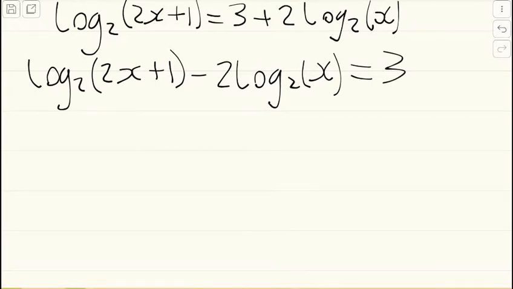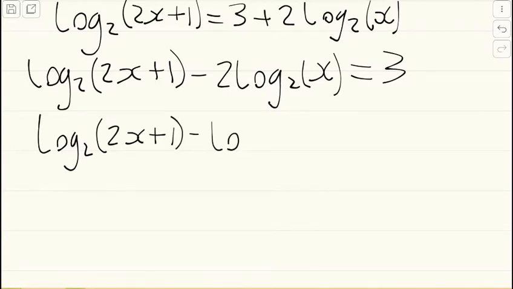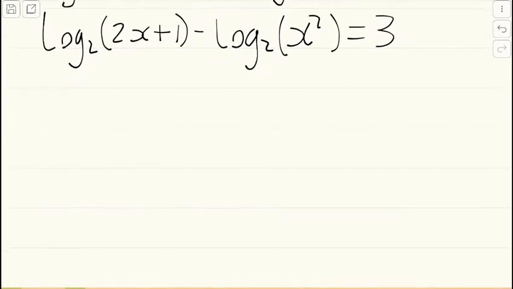Okay, now I'm going to combine these using my log laws. So again, remember, I have to rewrite the second part using the power law so that they both have the same coefficient. So I have log to the base 2 of 2x plus 1 take away log to the base 2 of x squared, which equals 3. Now I can combine this using the division law.